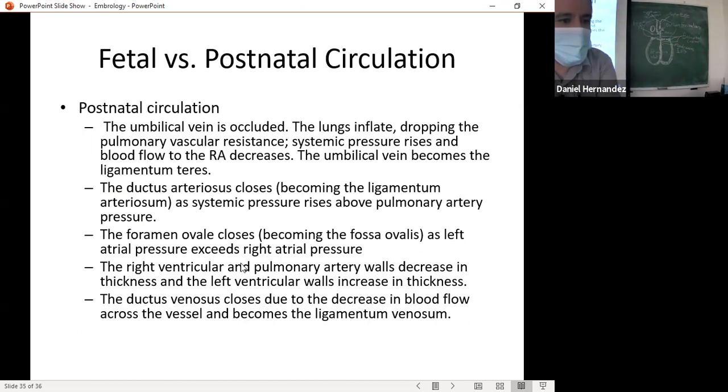The right ventricular and pulmonary artery walls decrease in thickness, and the left ventricular walls increase in thickness. The ductus venosus closes due to decrease in the blood flow across the vessel and becomes the ligamentum venosum.